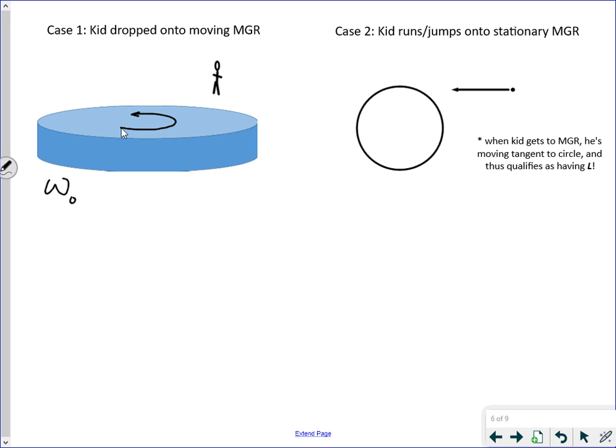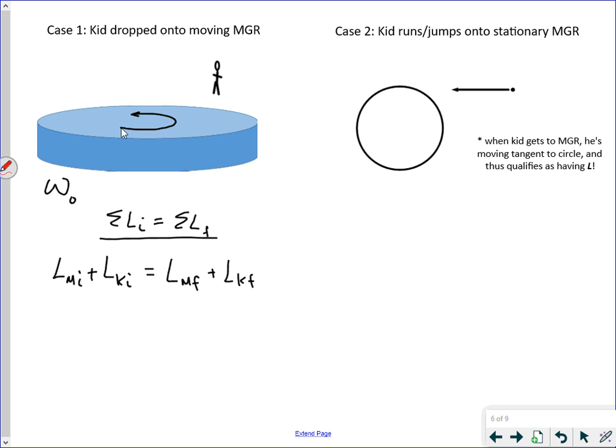I'm going to say the net L initial has to equal the net L final. This is a conservation of angular momentum statement. So we might say L merry-go-round initial plus L kid initial equals L merry-go-round final plus L kid final.